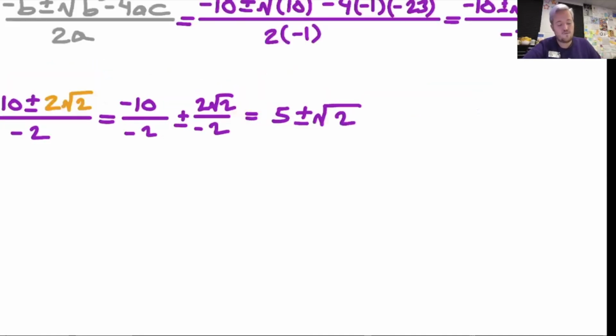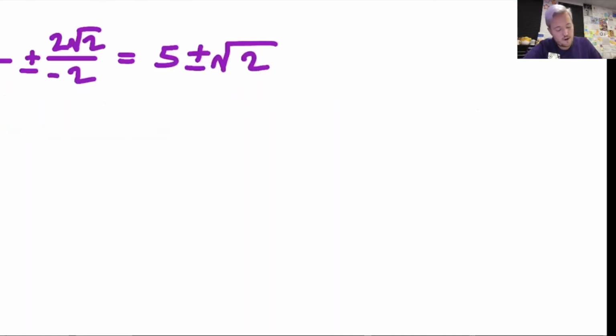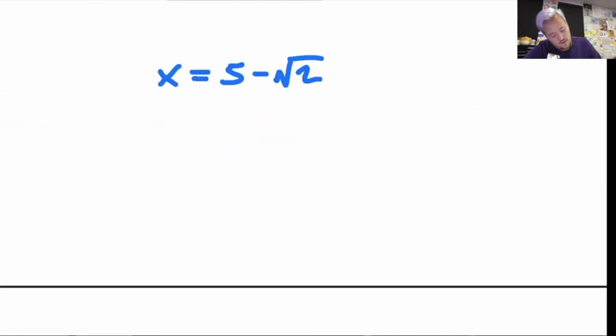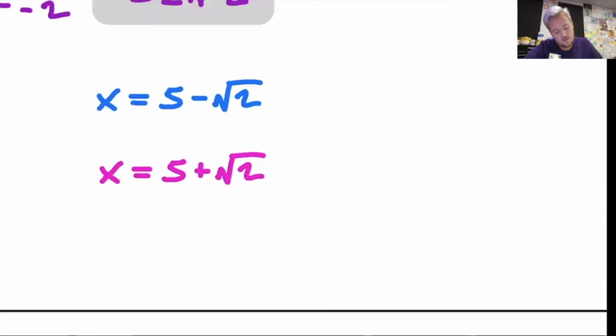All right, so if I was looking for simplest radical form, this would be our final answer, but now we need to do the decimal expansion. So x equals 5 minus the square root of 2, and plus. All right, so I'm just going to do these really quick over here on the side.